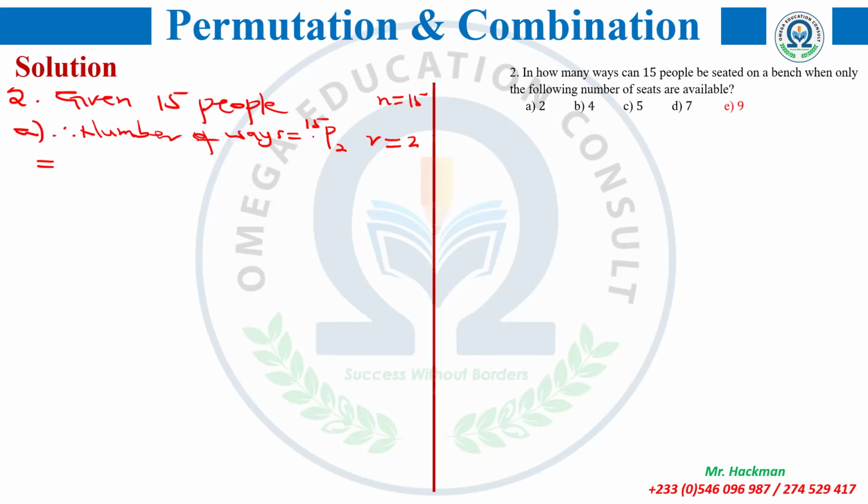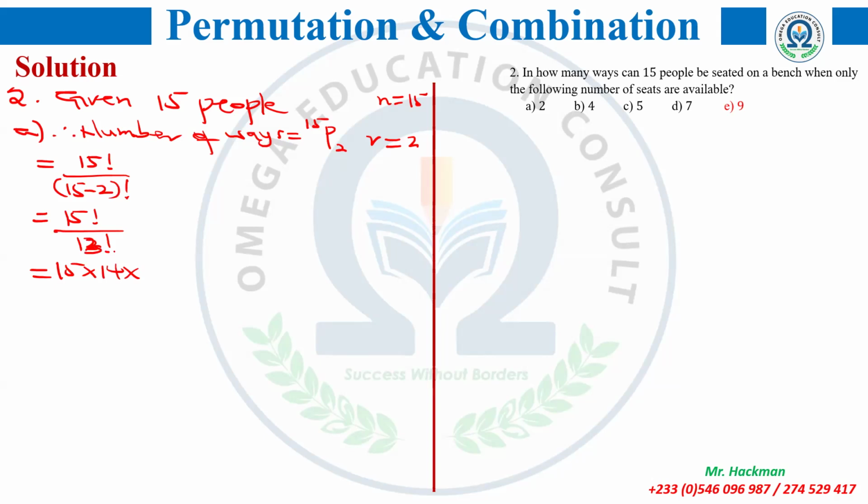So that will give us 15 factorial over 15 minus 2 factorial, which is 13 factorial. Not huge per se. So we can deal with this one. So this gives us 15 times 14 times 13, forgive me.